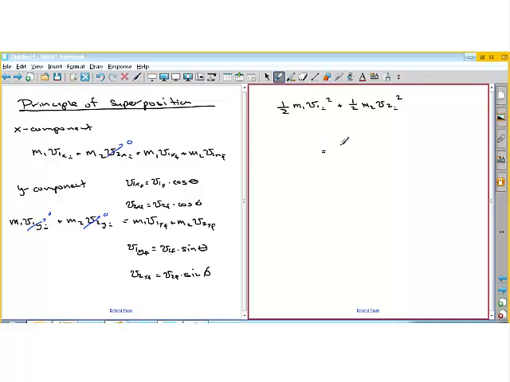So my initial kinetic energy is equal to my final kinetic energy. And notice I don't have to worry about direction here. I just take the actual velocity. I don't have to worry about the principle of superposition because energy is not a vector equation. So there are no vectors involved, there are no components. You just use the total velocity in both cases.